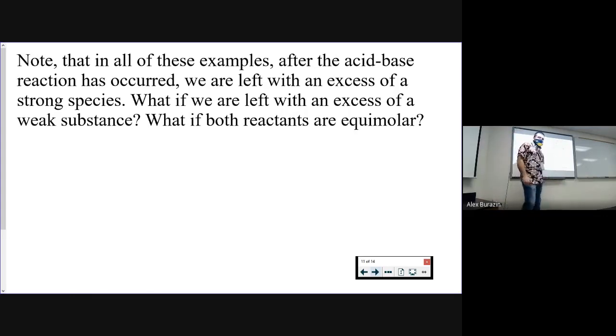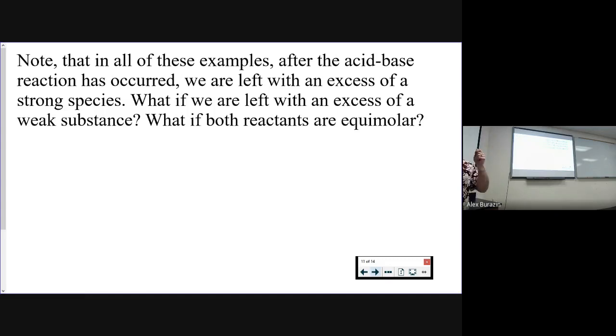Note that in all of these examples so far, after the acid-base reaction has occurred, we're left with excess of the strong species. In the first type of problem we did, it was strong, strong, and we had extra strong when it was all done, right? In the second problem, we had equal molar, so then we were just left with water and salt.